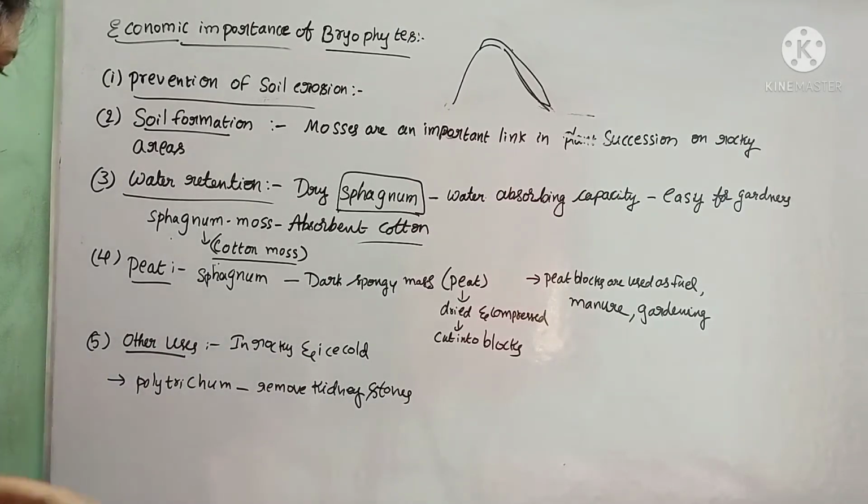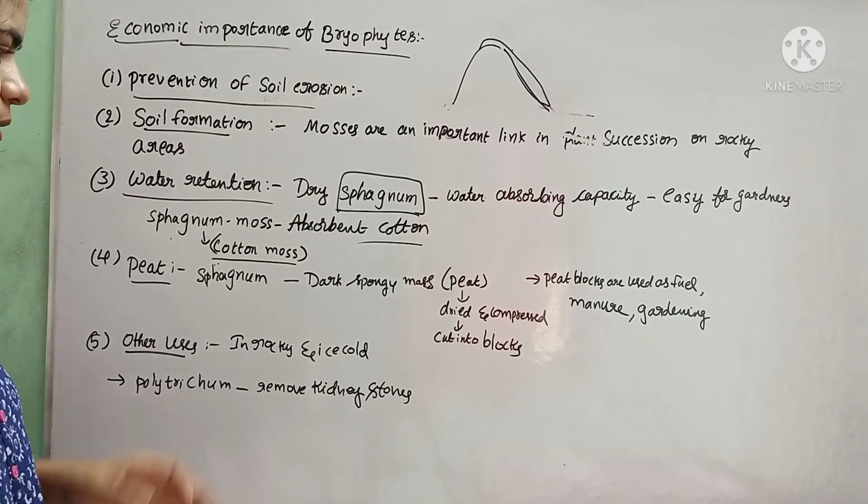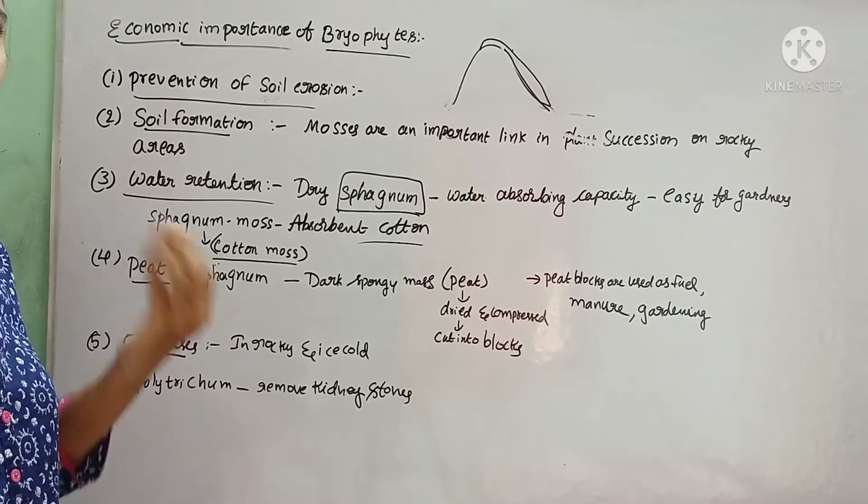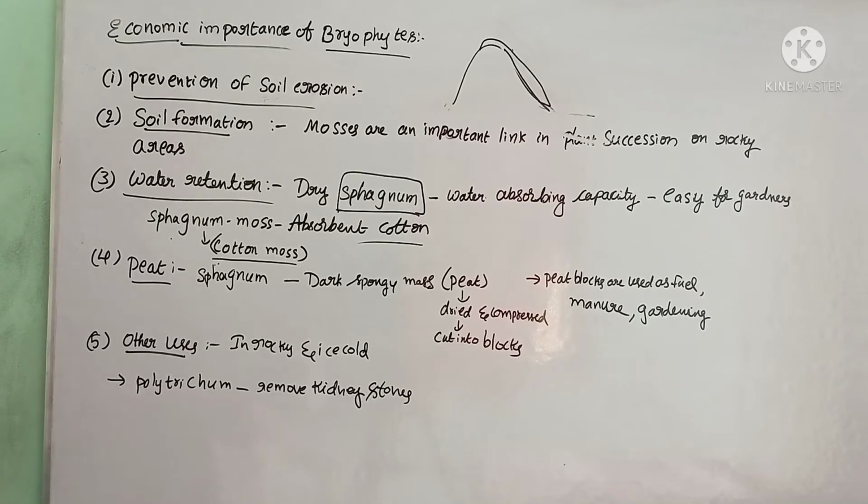And other uses: in rocky and icy lands, in areas where there is no grass and food material is not available, these mosses will grow. They are used as food by some animals like reindeer and some birds.